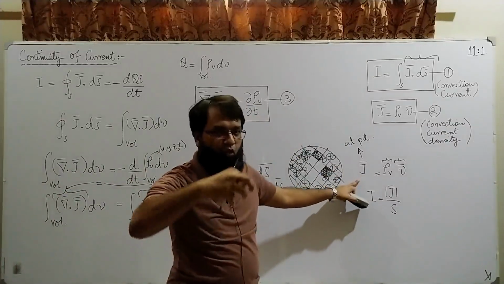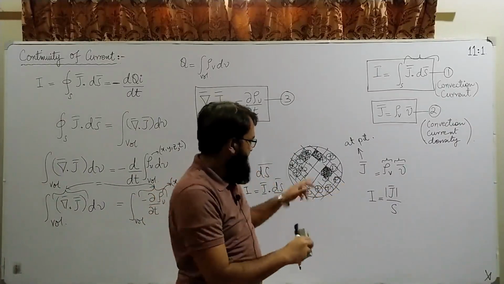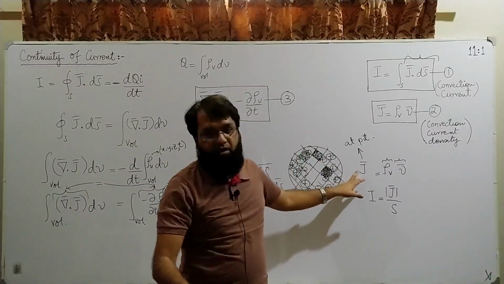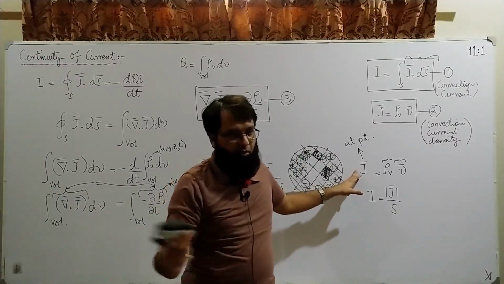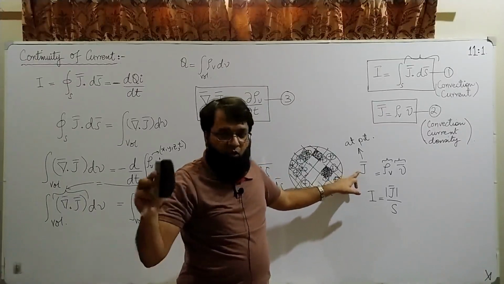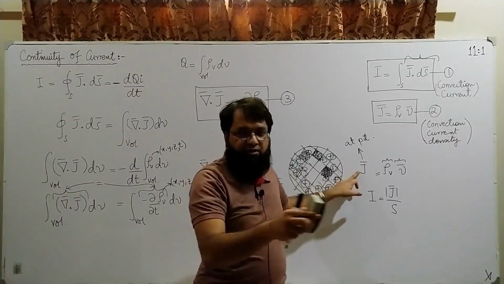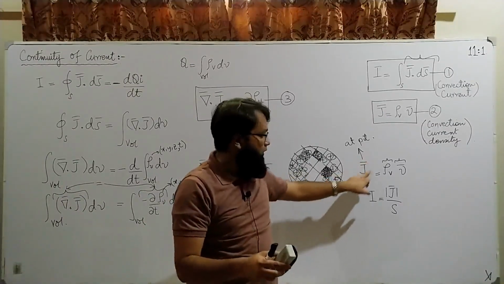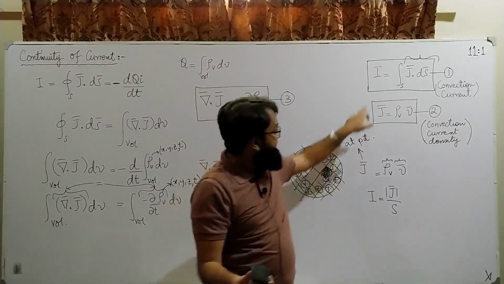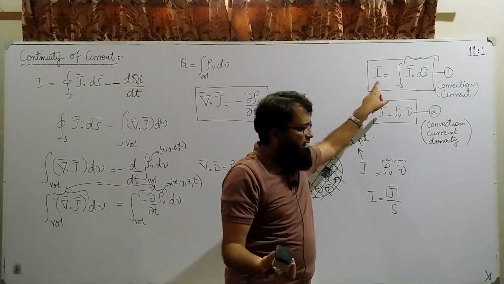So current density is always defined at a point, and it can be given just like electric field intensity is given, just like flux density is given, in the form of some mathematical vector expression, over which if you replace the x, y, z values, you will get the value of current density. But current is not defined that way.